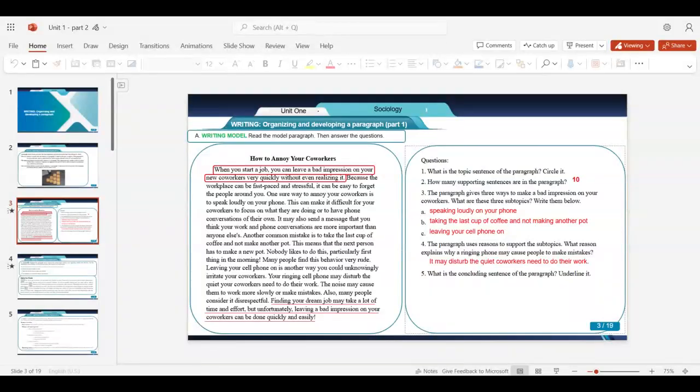I discussed with you and asked you to try to find out the answers, and we already discussed all the answers. I just want to make sure and review with you how to write a paragraph. Hopefully you did practice with this paragraph. Okay, let's move towards the next point.